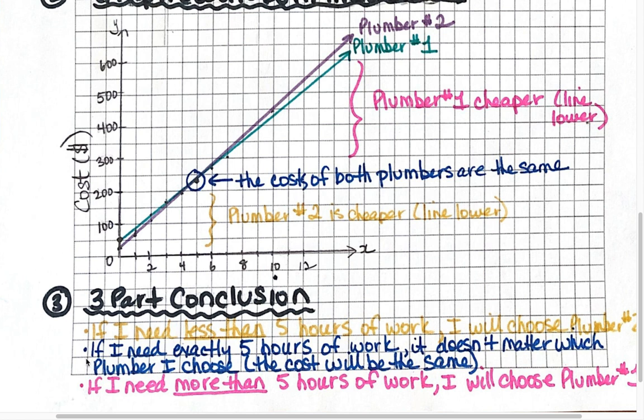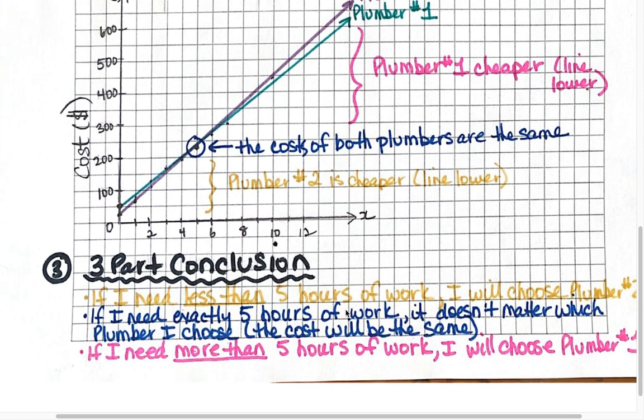In my second point, I'm going to say, okay, well, if I need exactly 5 hours of work, it doesn't really matter which plumber I choose because the cost will be the same. But if I know this is going to be a really long job and I need more than 5 hours of work, then I'm going to choose number 1, because plumber number 1 is cheaper after 5 hours of work.